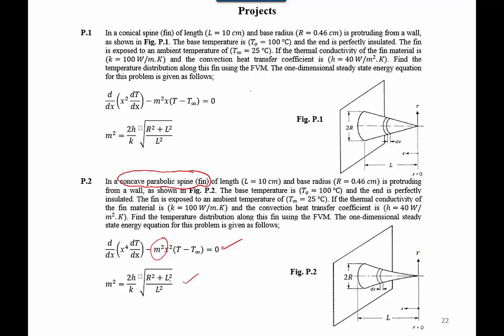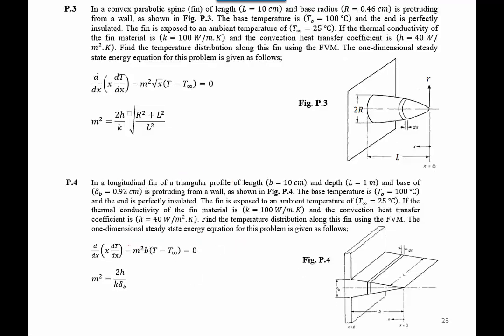Also, it is required to find the same temperature distribution when the fin shape is changed, and this calls for the third shape, which is a convex parabolic spine fin, with a different differential equation and the same m squared value. And we can solve the three problems together, and we can compare which fin has the best performance.